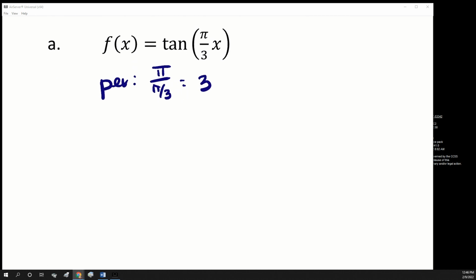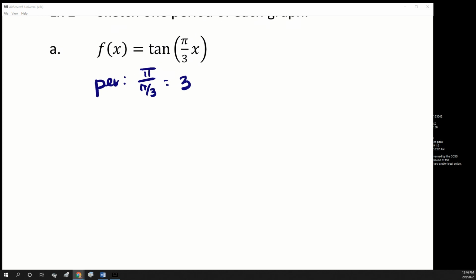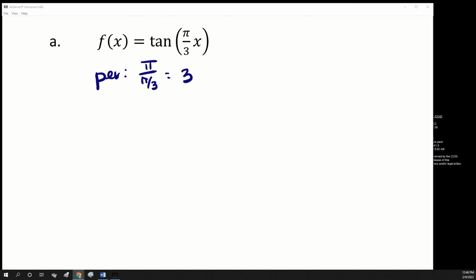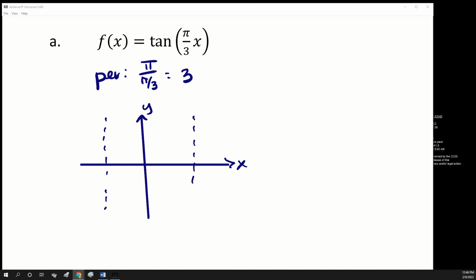All right. So tangent, first period, does not start at 0. So what we're going to do is just draw an x and y axis for tangent. And we're going to have 2 vertical asymptotes.